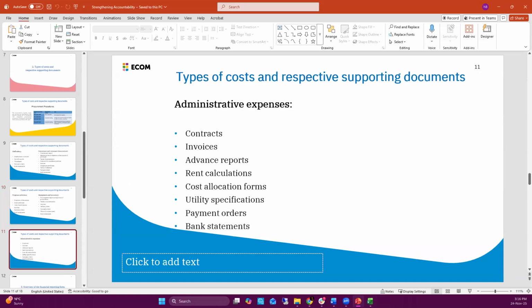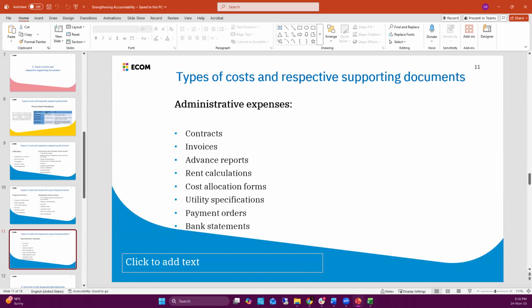For the administrative expenses, the documents typically include contracts, like for example, for rent, for insurance, for cleaning services, etc. The invoices, the advance report if cash advances were used to cover the expenses, the rent calculations, which should show the portion charged to the project.